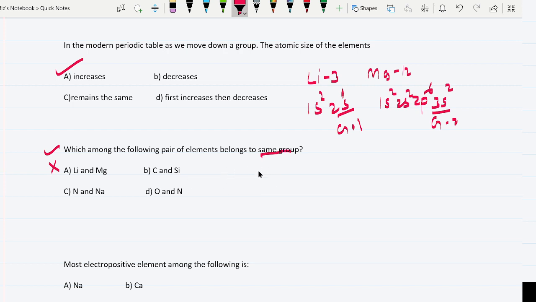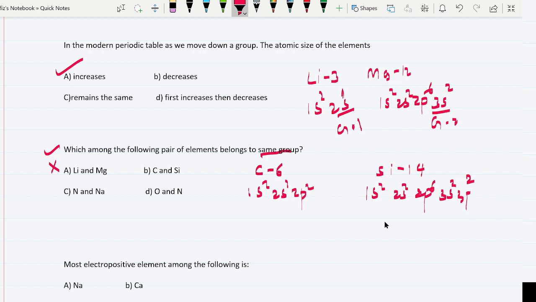Let's try with the second: carbon with atomic number 6 and silicon with atomic number 14. So let's write the configuration here. How do you find it? We'll see the electrons in the last shell, that's the valence shell. The configuration of silicon is 1s2, 2s2, 2p6, 3s2, 3p2.